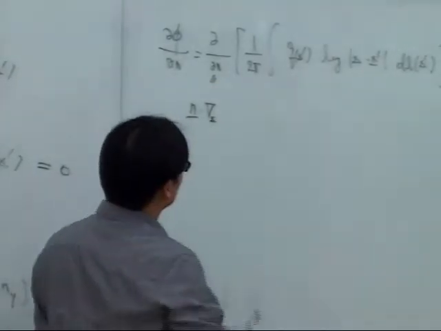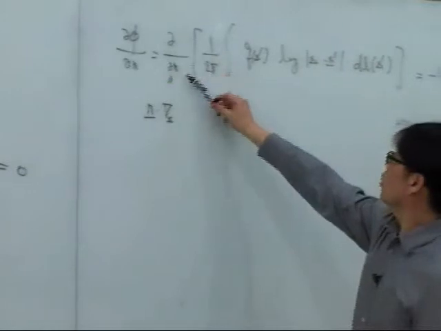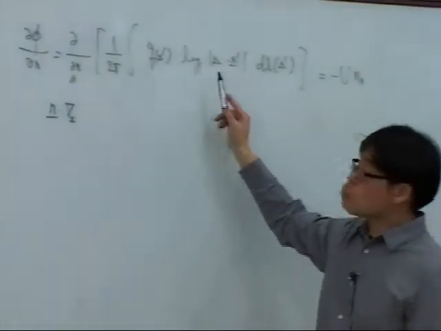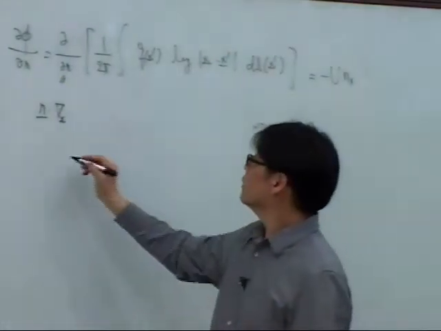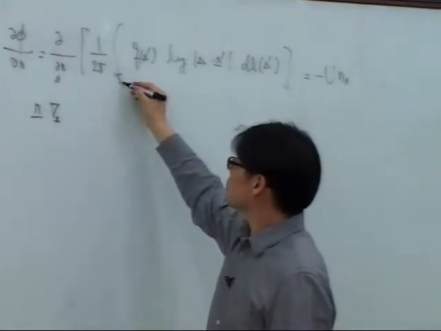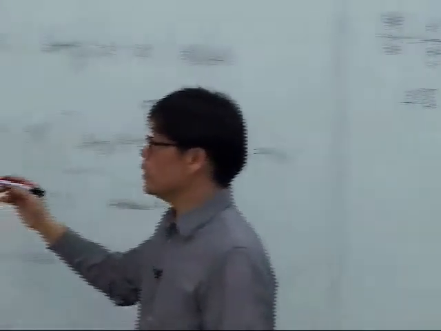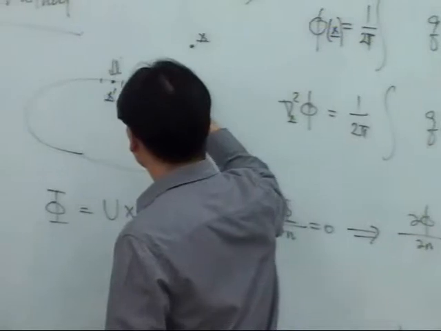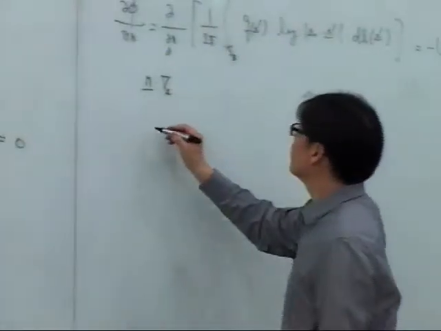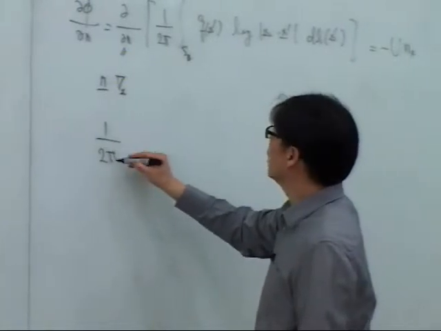So when this goes only here, along this body surface, let's put S_B here to represent the body surface, and therefore we have 1 over 2 pi.